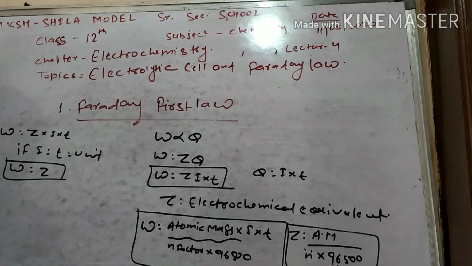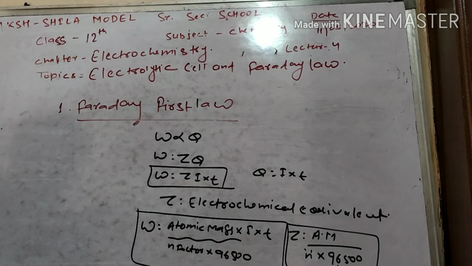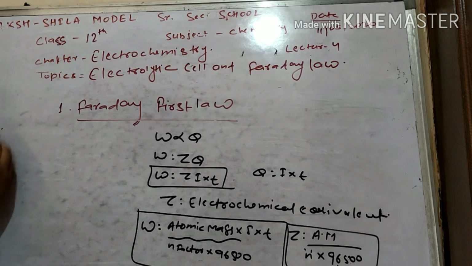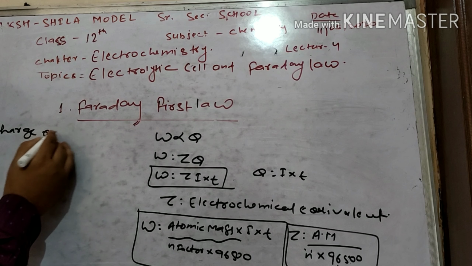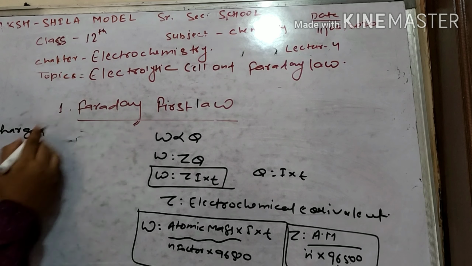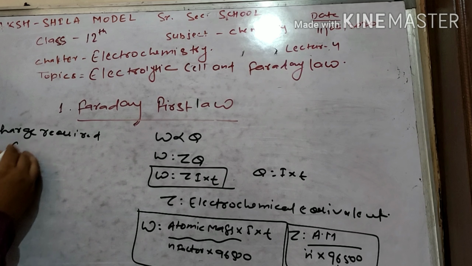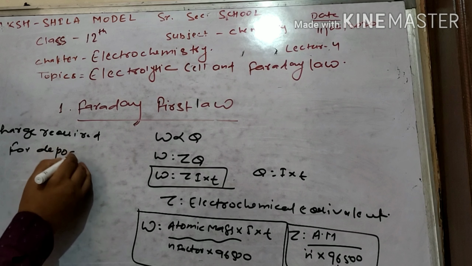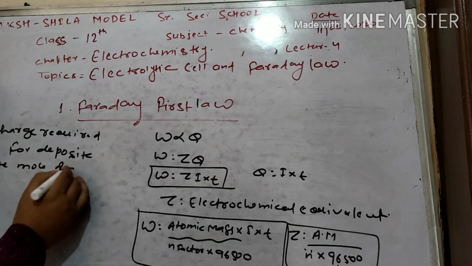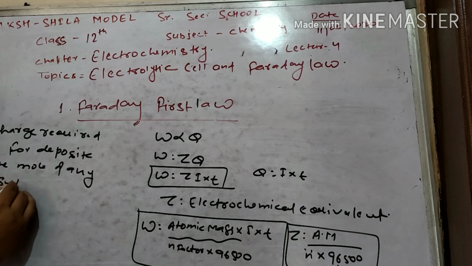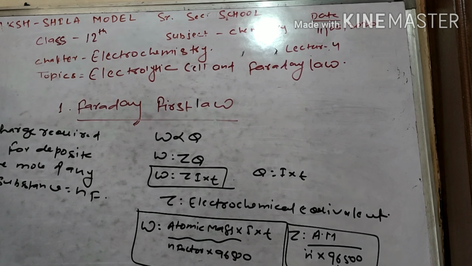ये होता है. अब मैथमेटिकल न्यूमेरिकल हम कैसे सॉल्व करेंगे, इसके लिए क्या होगा, चार्ज रिक्वायर्ड. Charge required to deposit 1 mole of any substance is equal to n फैराडे के इक्वल होता है.